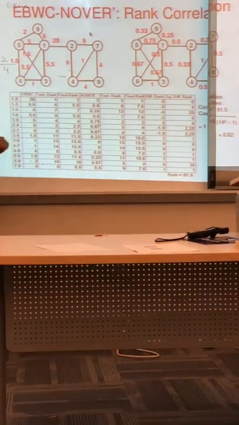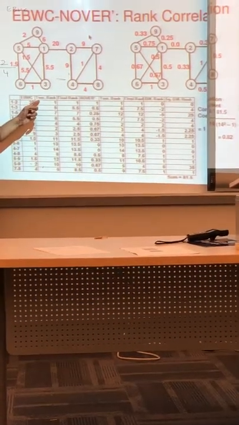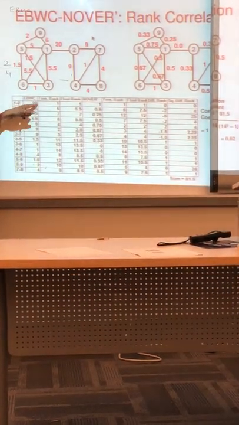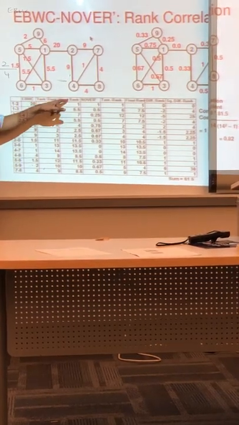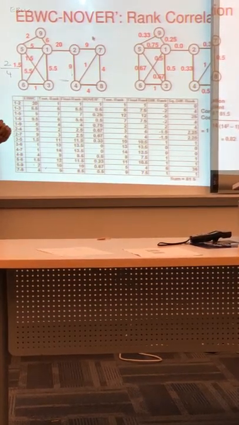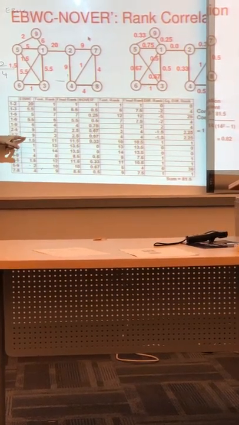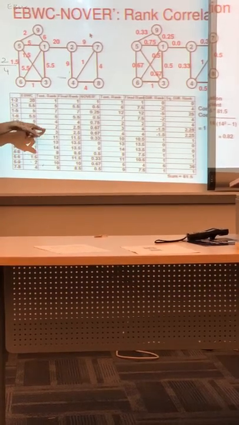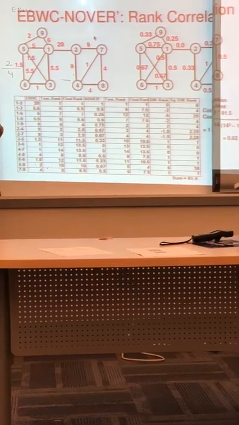Now, the final rank. The final rank is the same as the tentative rank if there is no tie. So for the betweenness value of 20, there is no tie, no other edge has 20, so the final rank is the same as the tentative rank. Then the next value is 9, but there are two edges with 9. So the tentative ranks are 2 and 3, and the final rank is going to be the average of the tentative rank values.